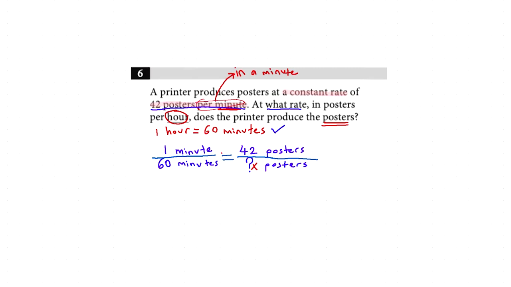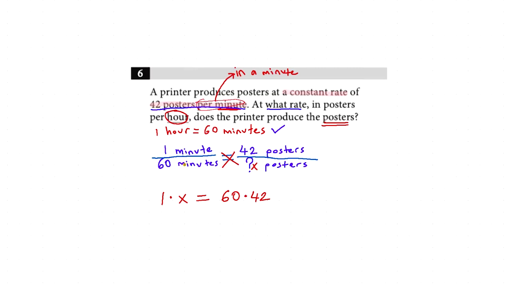Whenever I make the cross multiplication, it's gonna be 1 times X is equal to 60 times 42. Let's check one more time in case you don't see it. So 1 minute times X posters is equal to 60 minutes times 42 posters.